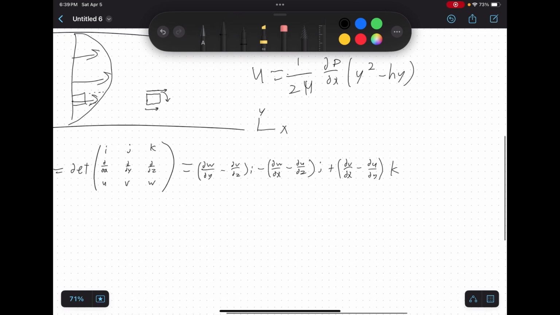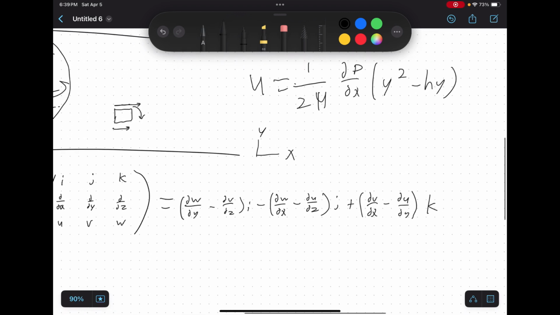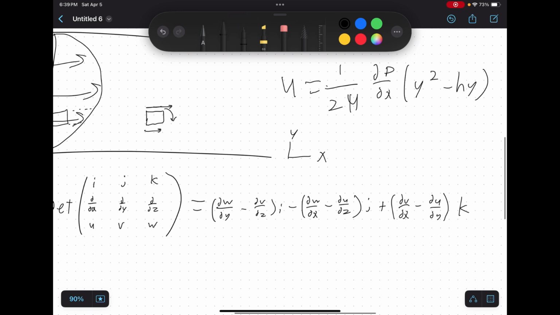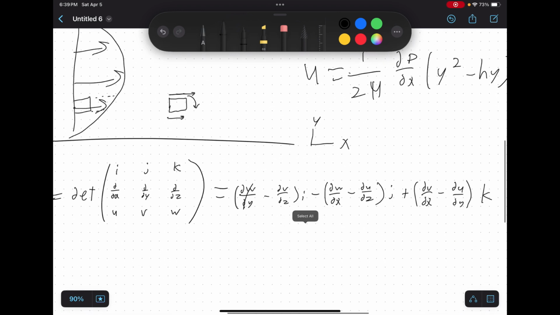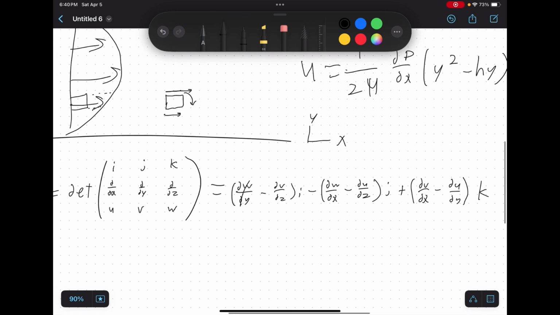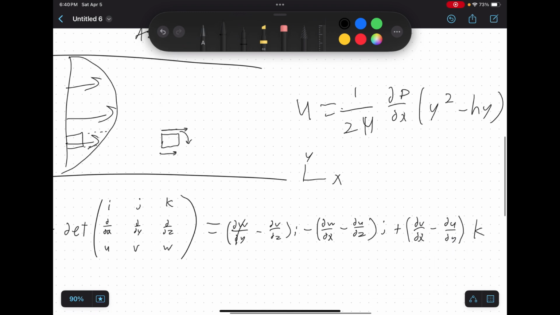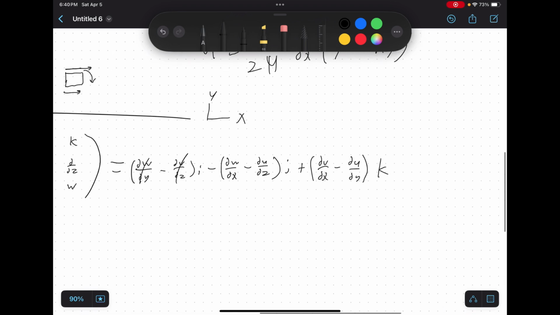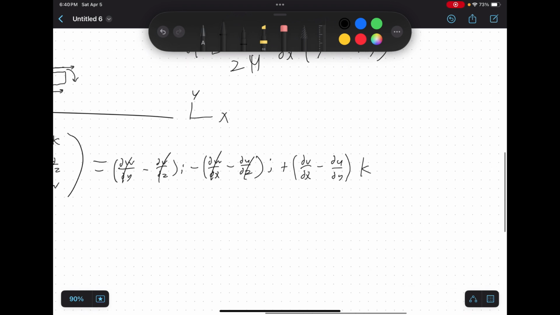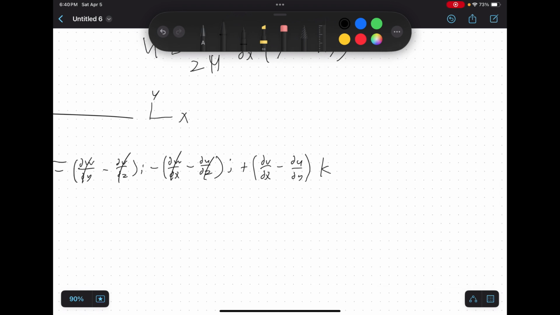Cool. So let's look at the vorticity. First of all, we don't have w because I didn't write the assumptions here, but our assumptions are w is 0, it's 2D. So one of our assumptions is 2D. I'll just write that somewhere here. So it's 2D, so those go away. You're left with this one. Cool.